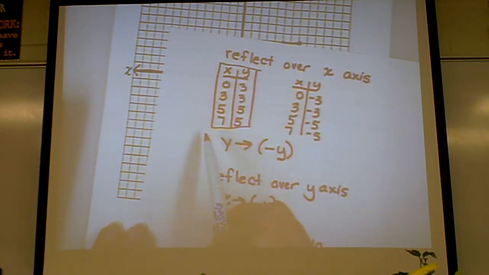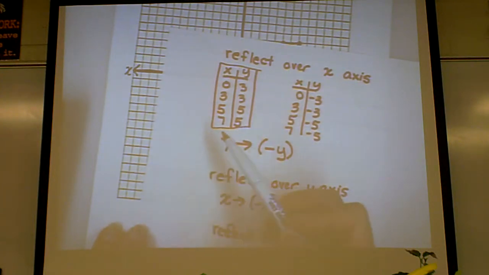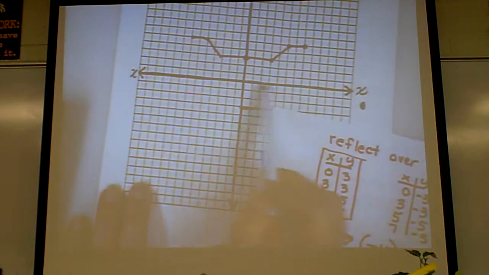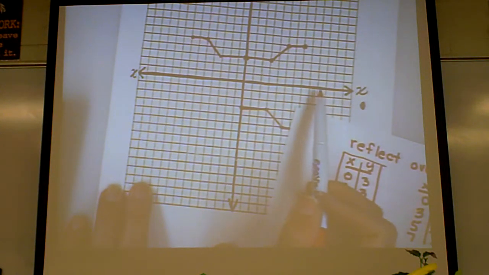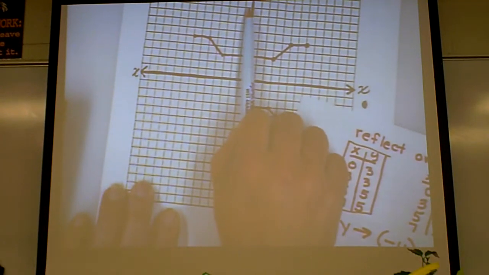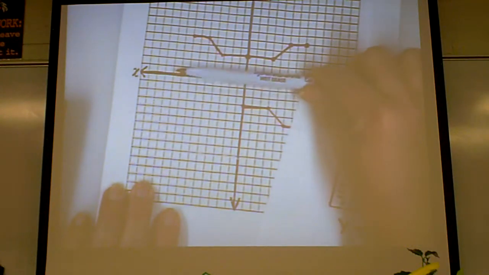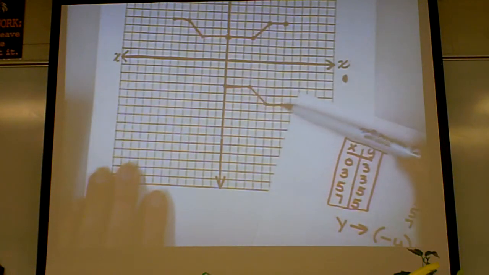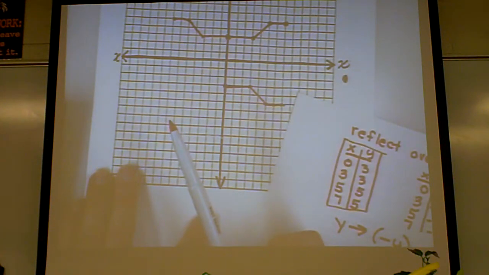This is a little review of section 3.4a, symmetry. So we have symmetry to the x-axis and symmetry to the y-axis. In other words, if you folded this along the x-axis and this piece matched this piece, you would say yes.